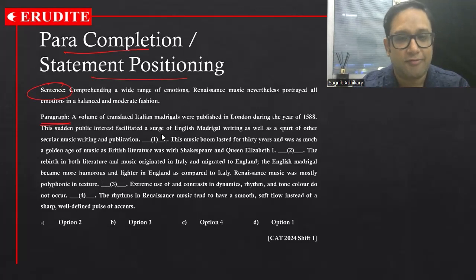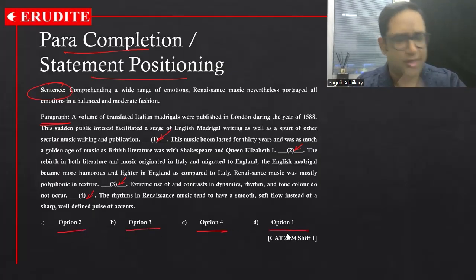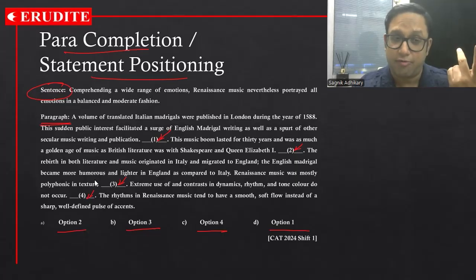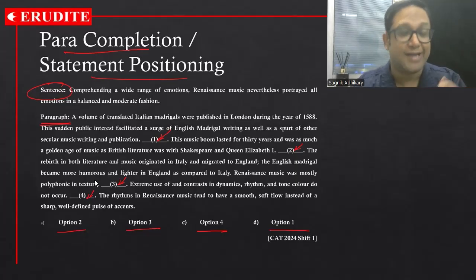The sentence will fit in one of these numbered blanks, the 1, 2, 3, or 4. Corresponding to these, we have options which talk about option 1, option 2, which represent blank 1, blank 2, and so on. This is a new type of question which was introduced in the CAT in the year 2022, inspired by a very similar format of question from the IELTS.